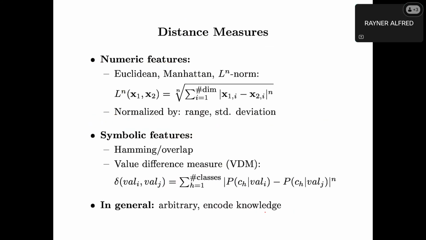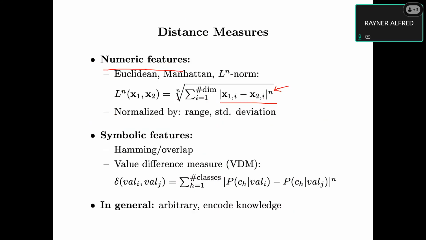Okay. So for the distance, we can use Euclidean distance or the symbolic one. For the numerical one, we can use the square root of the differences between the values belonging to different vectors here, and then we take the square.